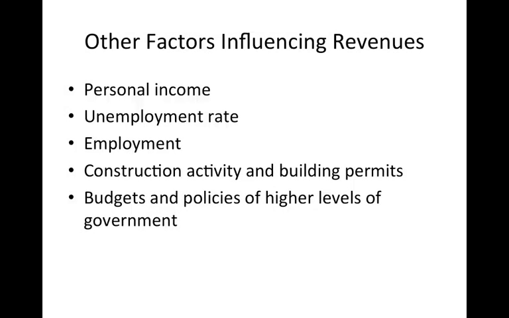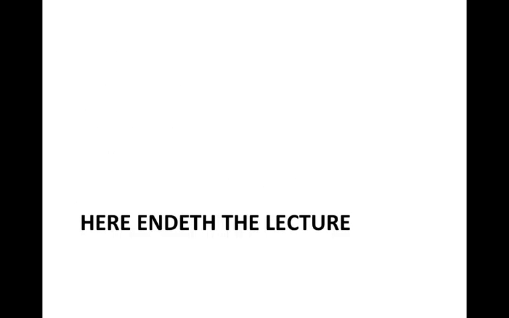You're going to want to look at what's going on at higher levels of government, because that's going to say a lot about whether the government's going to receive intergovernmental aid or not. If the state government just passed a budget that slashes aid to localities, and you're looking at one of those local governments, that's something that's going to affect your conclusions about the health of that government's revenues going forward.